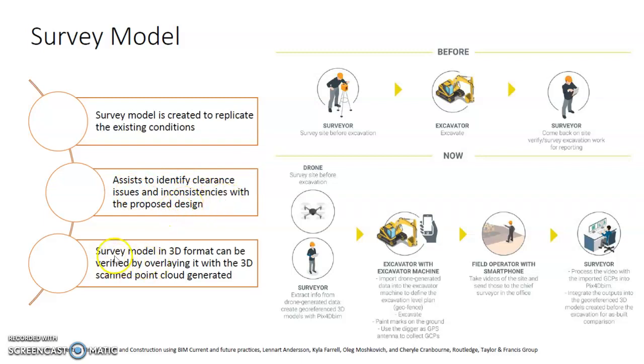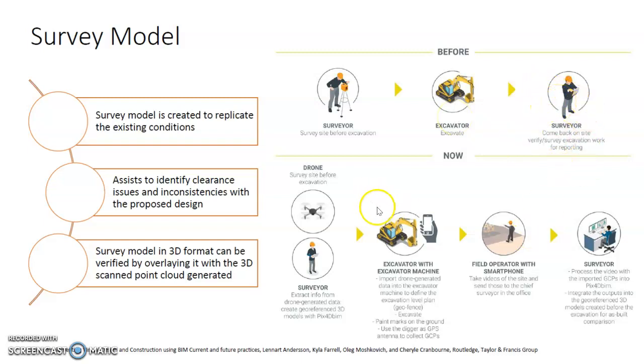So the surveying model in 3D format can be verified by overlaying it with a 3D scan, for example, the point cloud generated. If you use the traditional method of construction, you need to have a surveyor survey the site before the excavation, and then after that, the excavator will start to excavate, and the surveyor will come back to do a check.